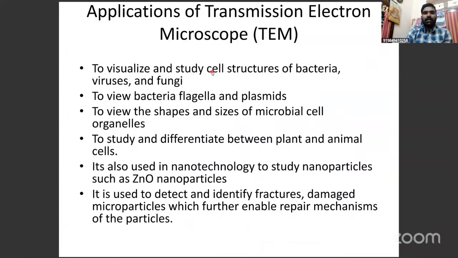If you see the applications of the transmission electron microscope, first, to visualize and study cell structures of bacteria, viruses, and fungi. By using this transmission electron microscope, we can visualize and study the cell structures of bacteria, viruses, and fungi.